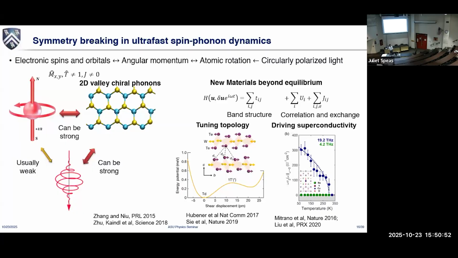For example, people have previously demonstrated that if you pull atoms and change the structure, then of course you can tune the topology of the material, or in certain cases, changing structure can also create superconductivity or ferroelectricity, etc. One can imagine that if I control atoms in a way that breaks time reversal, would it be possible to create, let's say, chiral topological Weyl fermions? Or chiral superconductivity? These are all possibilities.